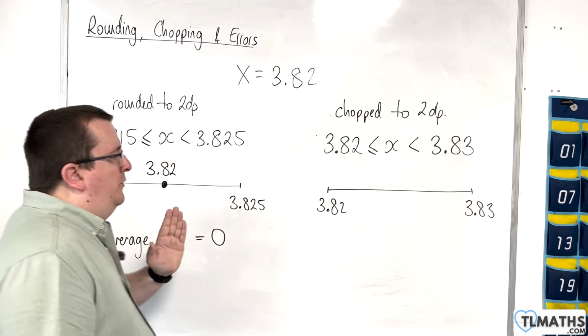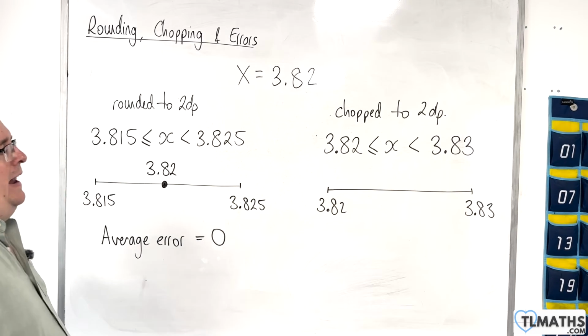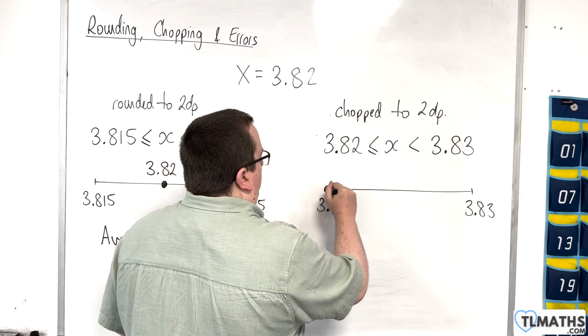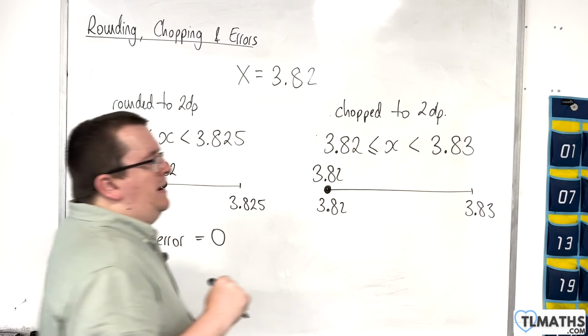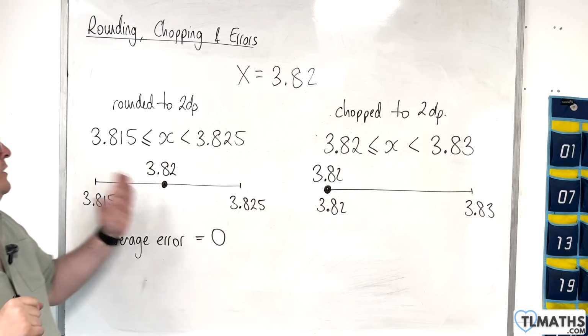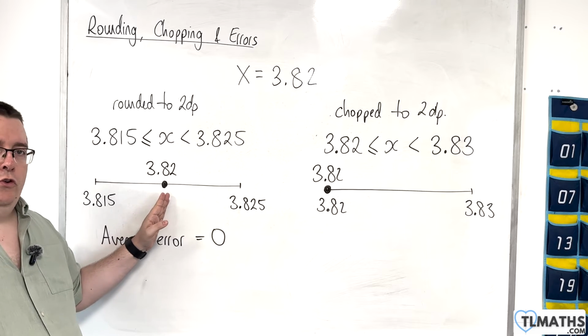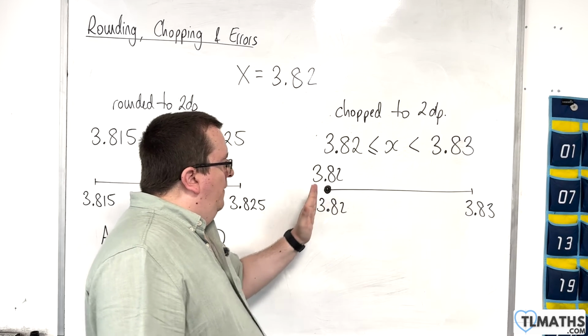So anything in between here, apart from that end point. And the number that you get through chopping is 3.82. It's not right bang in the middle this time. Unlike for rounding, which is right in the center of your 2 bounds, for chopping, it's right on the left-hand side.